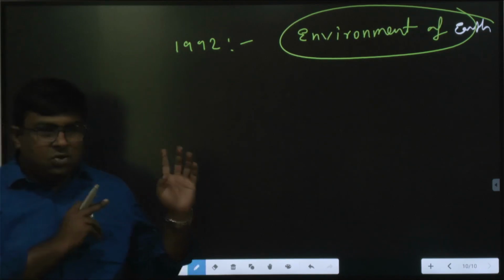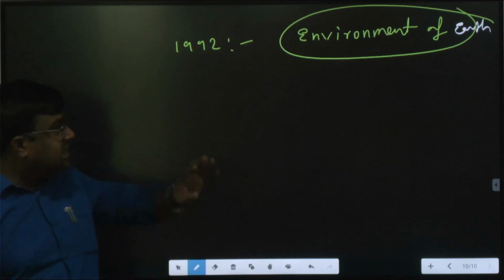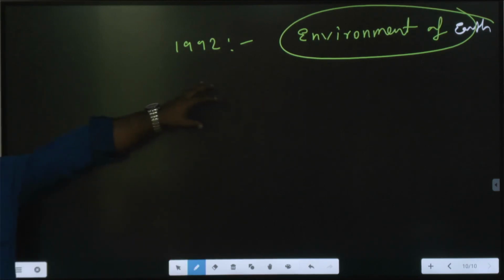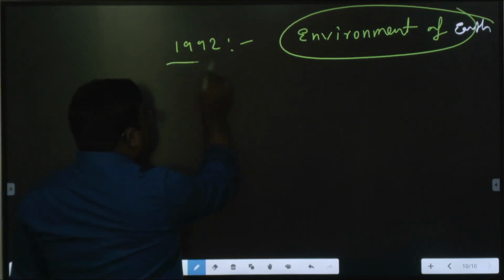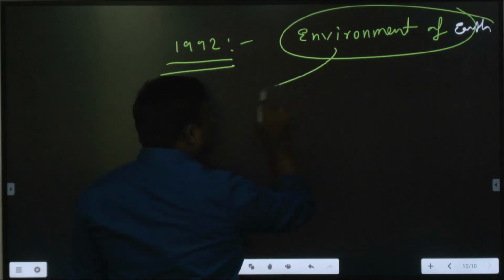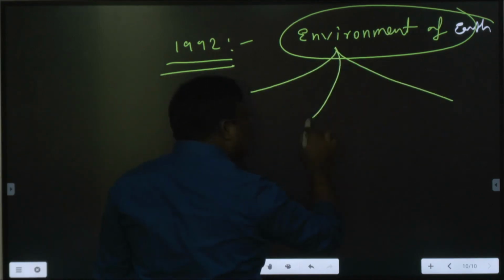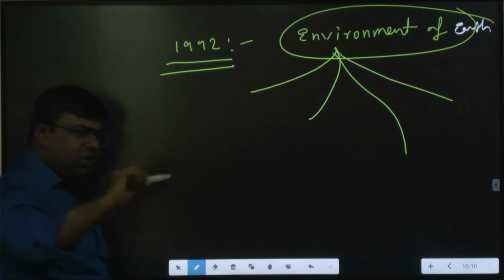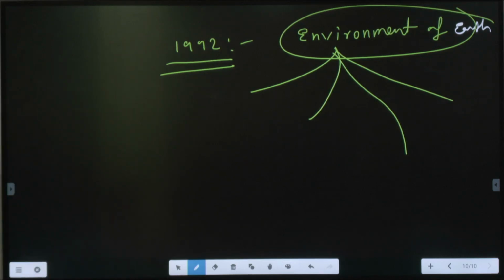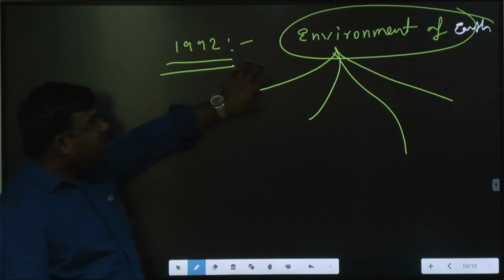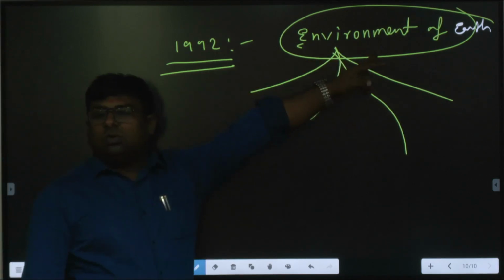So since environment protection was the broader approach of United Nations, that's why in that convention of 1992, various agreements were finalized, or you can say signed, and all those agreements were related with different problems related to environment.